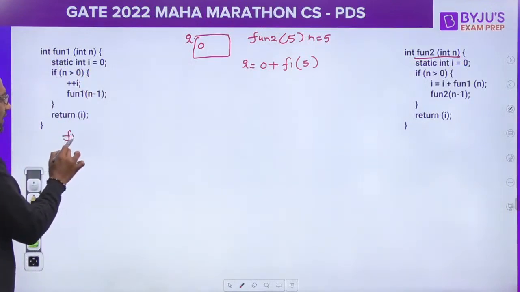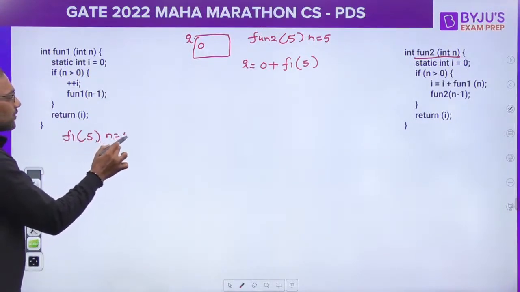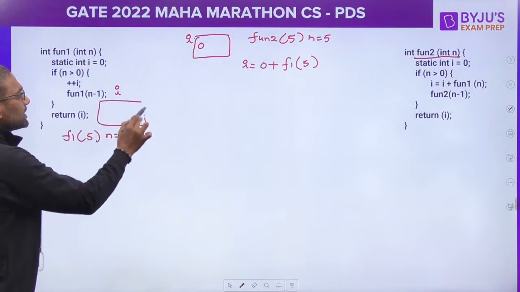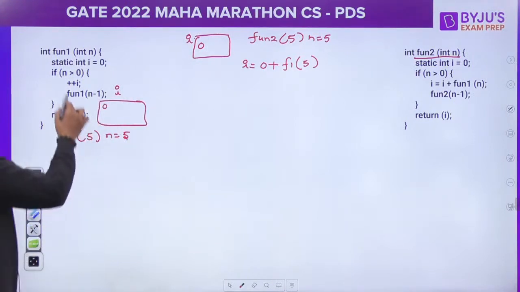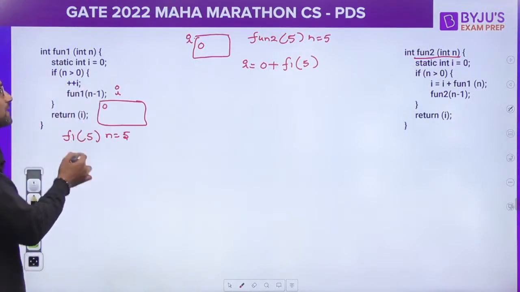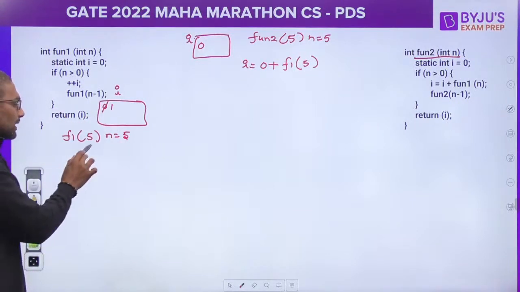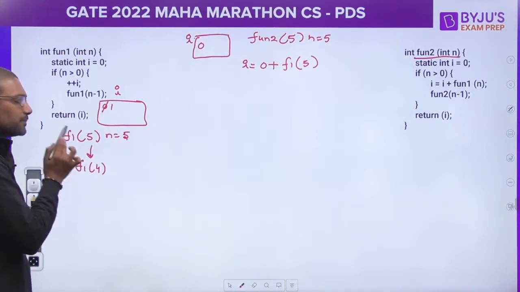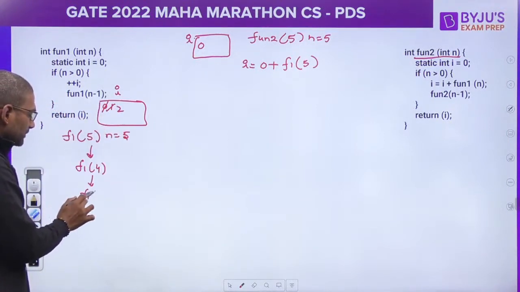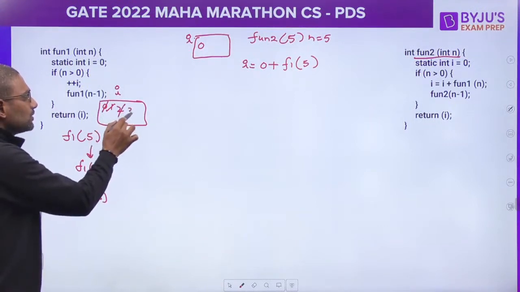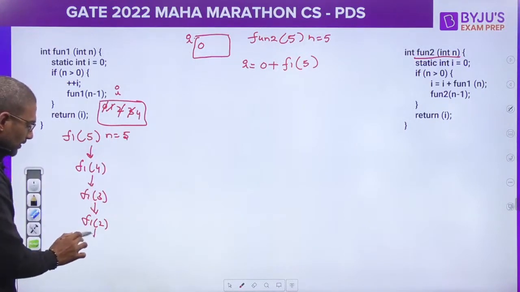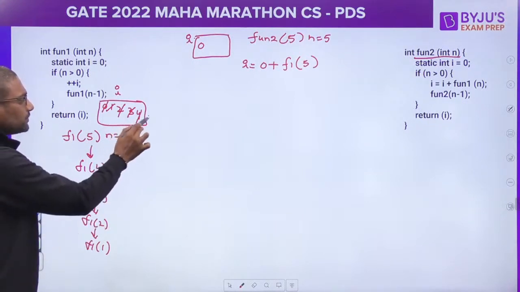Here fun1 of 5, again n is equal to 5. Here we have one static variable that is again initialized to 0. If n greater than 0, plus i. Yes, n is greater than 0, so i would be incremented, and it calls fun1 of 4. 4 is greater than 0, so plus i, fun1 of 3. 3 is greater than 0, fun1 of 2, fun1 of 1.